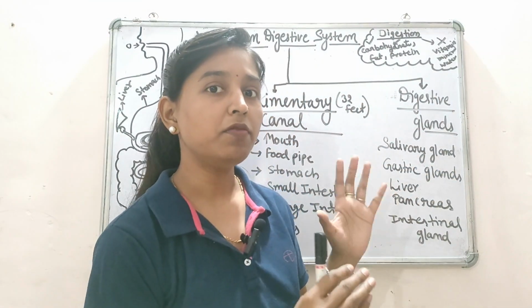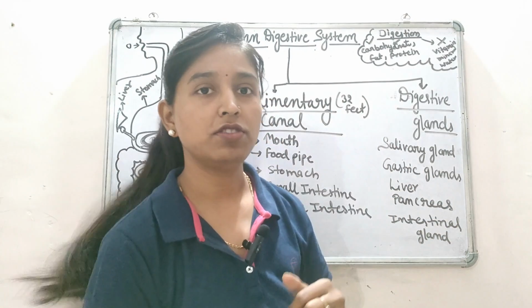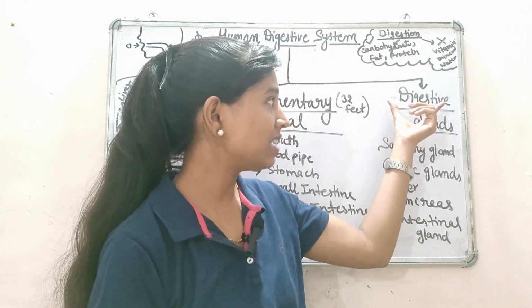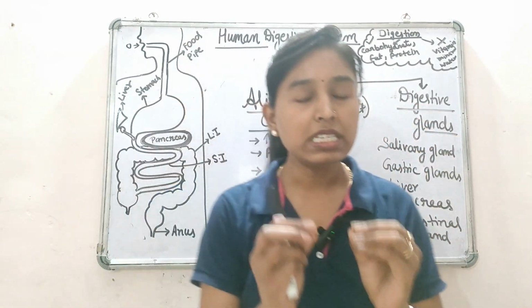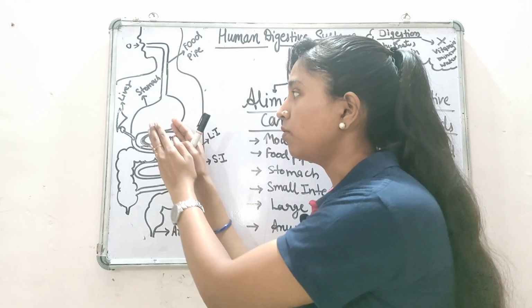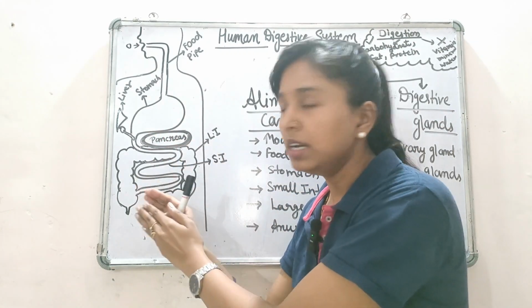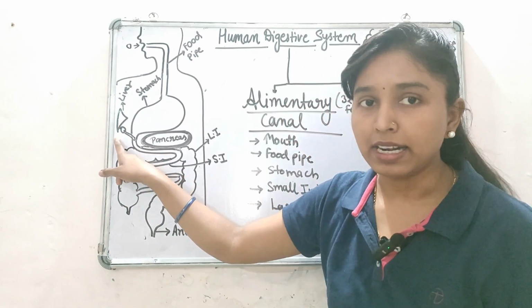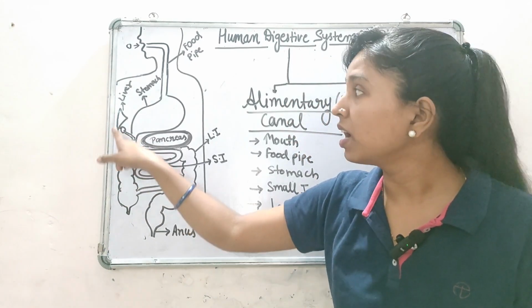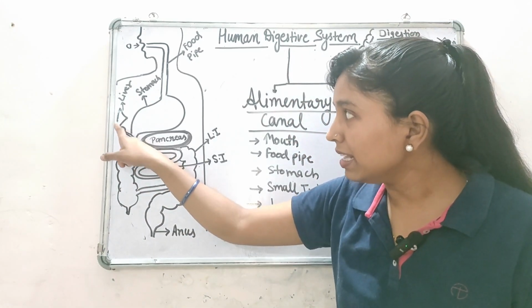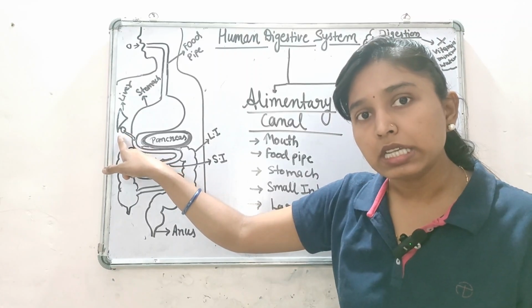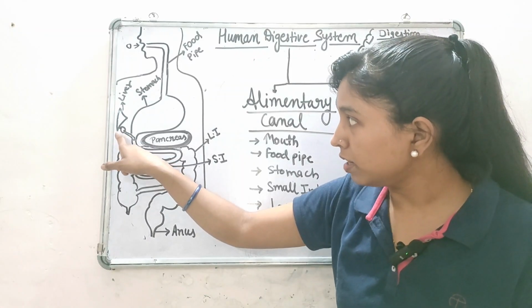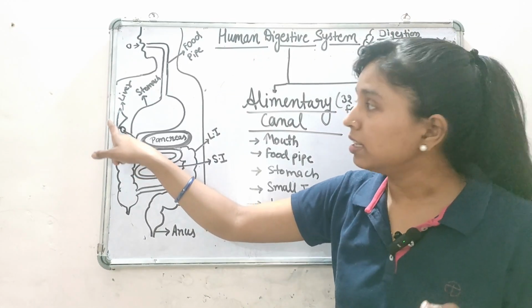The second concept included in the digestive system is digestive glands. These digestive glands are surrounding the alimentary canal. This is a gland known as the liver, and with the liver, the gallbladder is another organ which is attached.